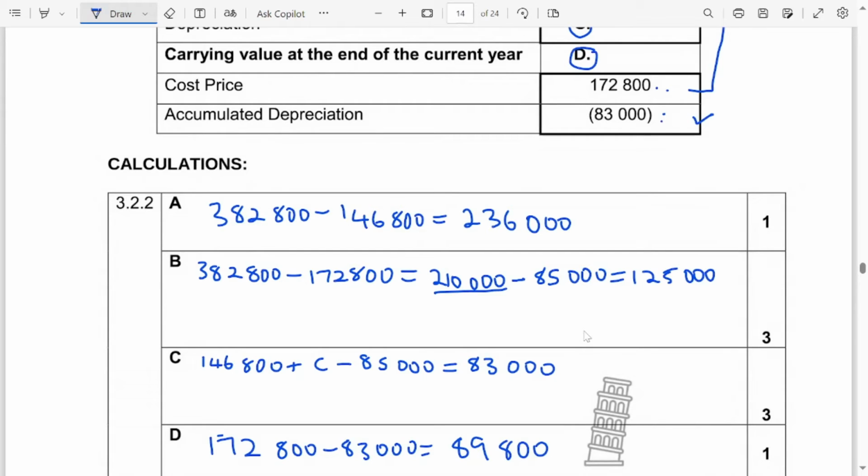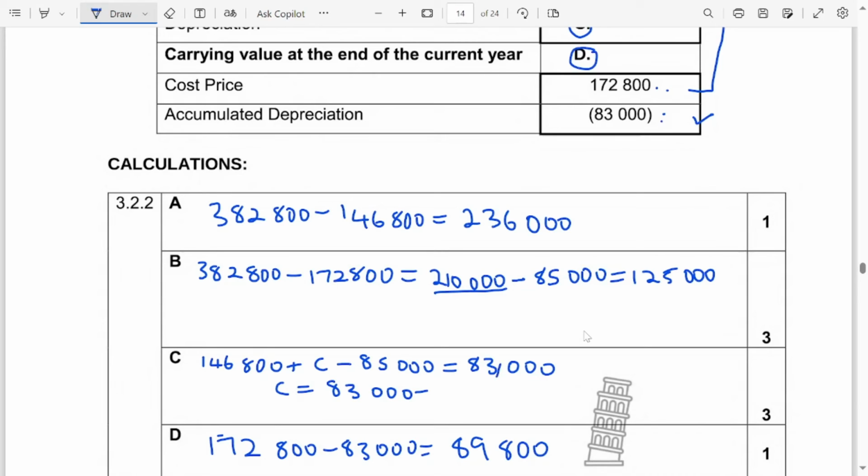C is equal to 83,000 minus 146,800 minus 85,000. 146,800 minus 85,000 is 61,800.